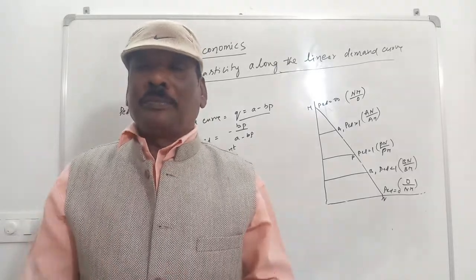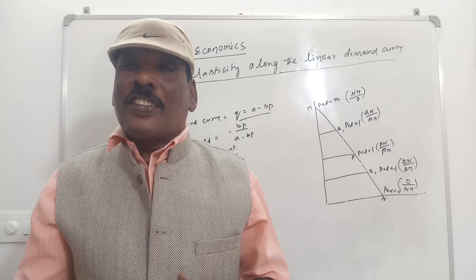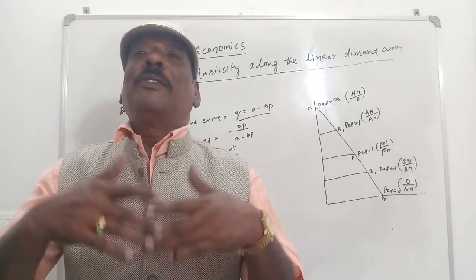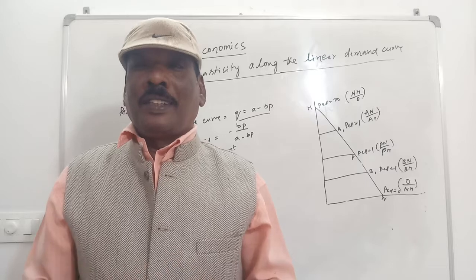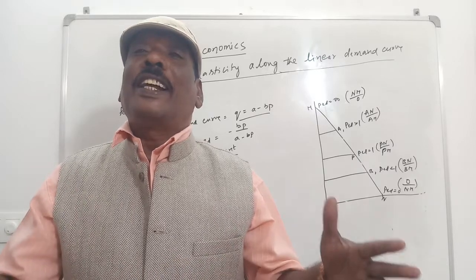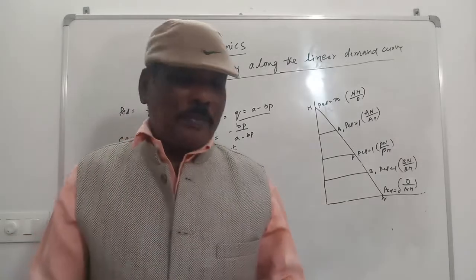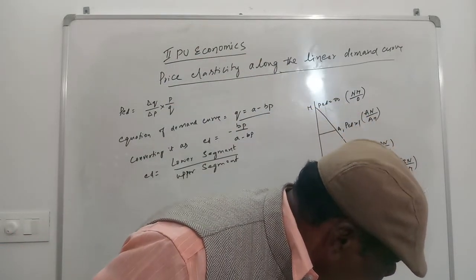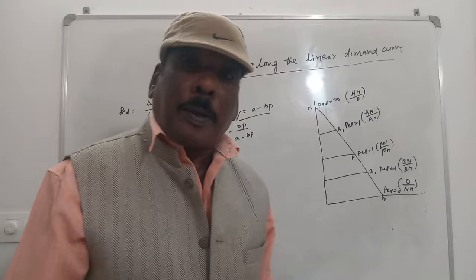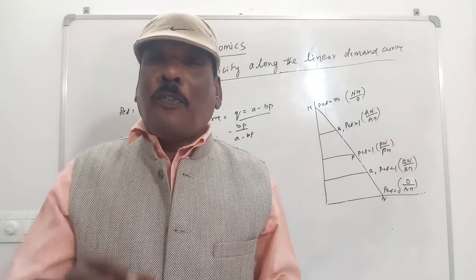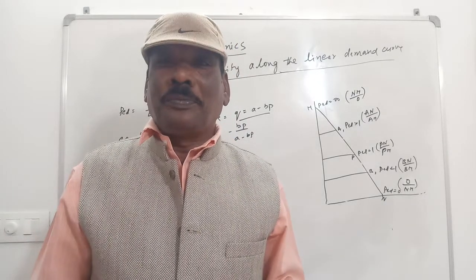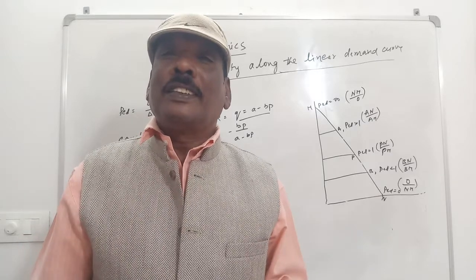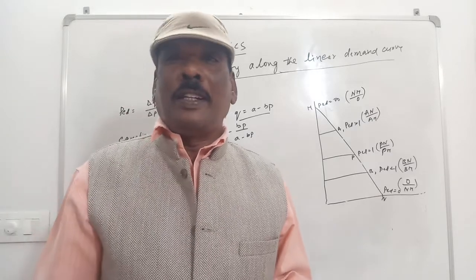Perfectly elastic, perfectly inelastic, relatively elastic, relatively inelastic, and unitary elasticity of demand. You have learned these shapes of the demand curves in these different types of elasticity of demand.